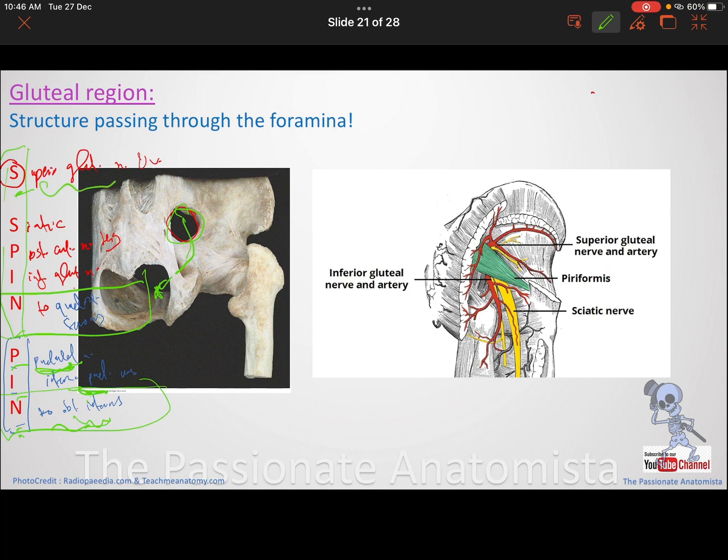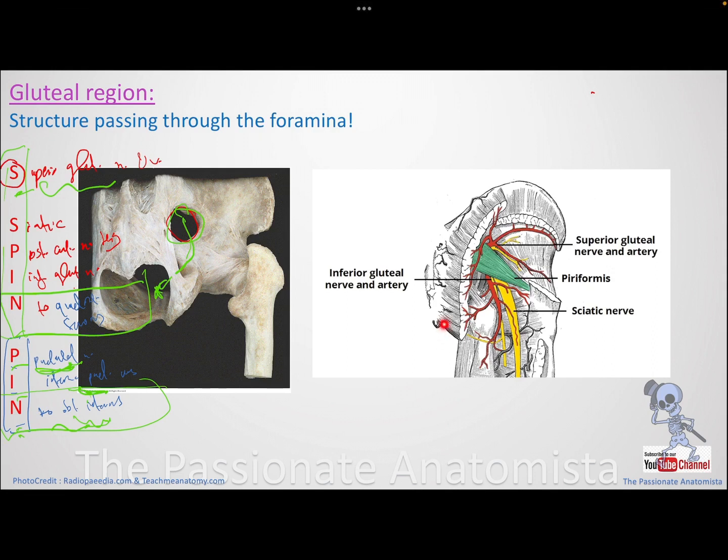The superior gluteal nerve and vessels. Great. Here we have the piriformis; going above the piriformis, the S. Below the piriformis, the spin. People coming out and entering back without showing up in the gluteal region, the pin. And the pin will concern you in the reproductive module, not here.